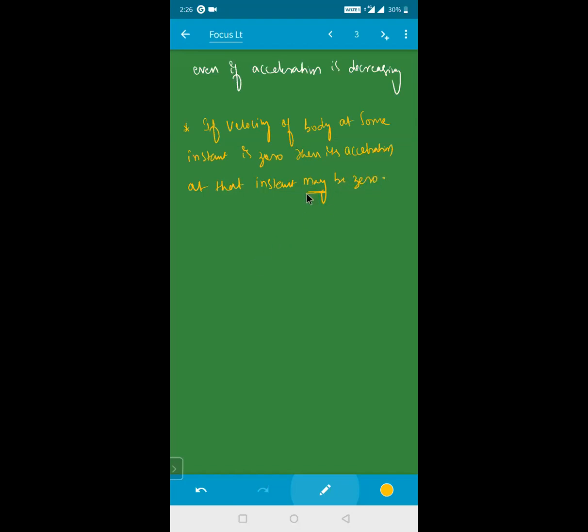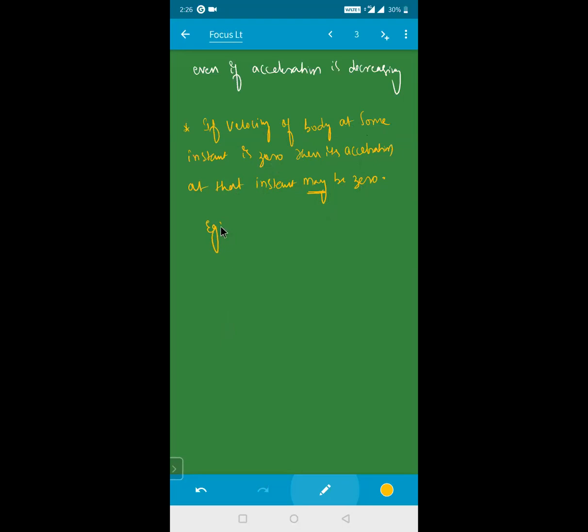I am saying maybe; it can be zero, but it is not a compulsory condition. If the velocity of the body at some instant is zero, then its acceleration at that instant may be zero.